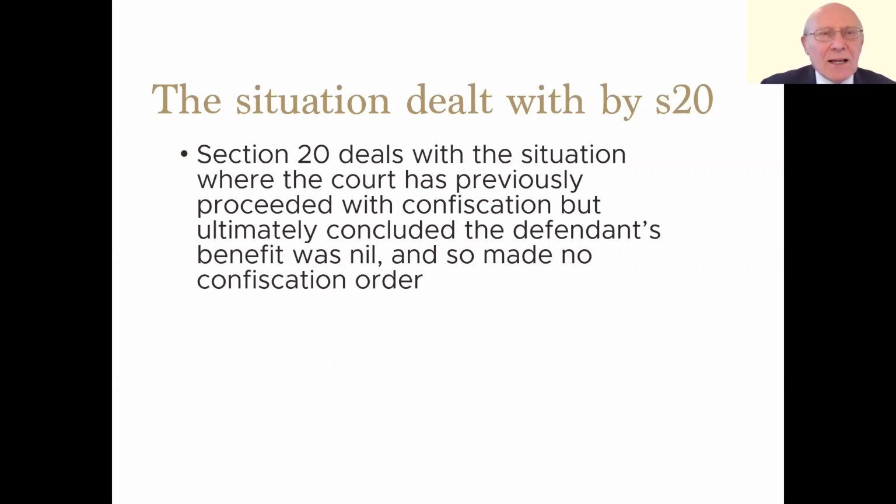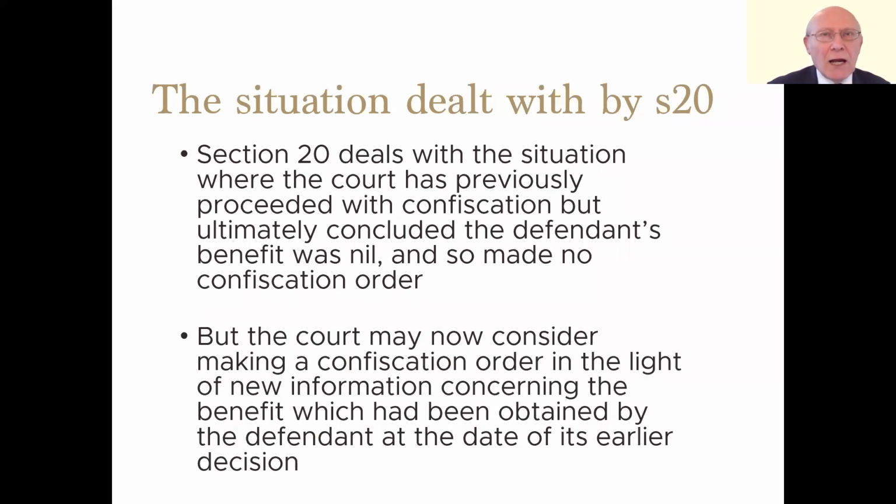Now, in this case, the court has looked at the defendant's benefit and concluded he had no benefit. But now the court is going to reconsider the position regarding the defendant's benefit in the light of this new information, which the prosecutor didn't have available to him at the time of that earlier decision.